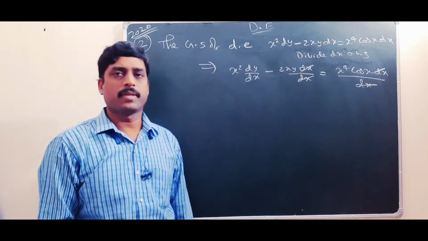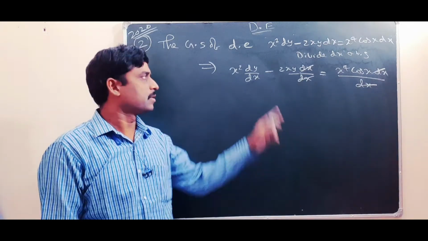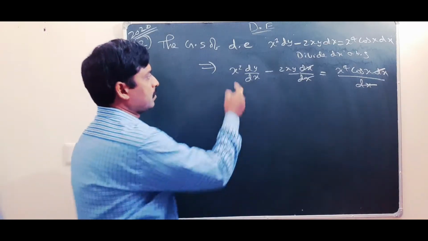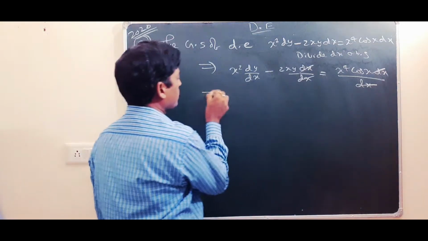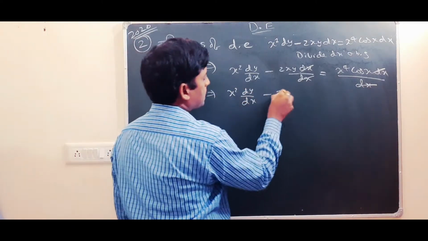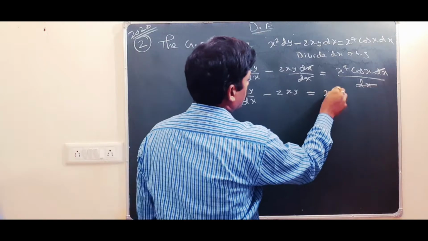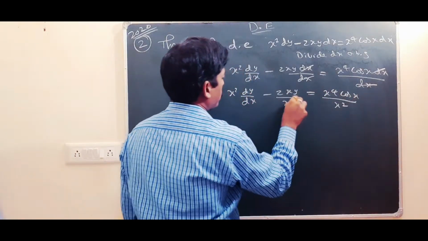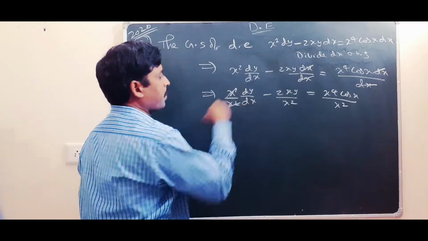What is the linear differential equation form? dy by dx plus py is equal to q. So now divide x square on both sides. x square dy by dx minus 2xy equal to x to the power 4 cos x. Now divide x square on both sides.